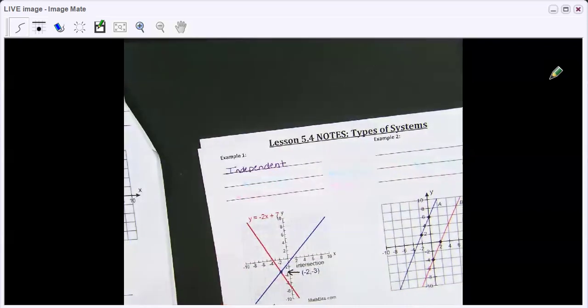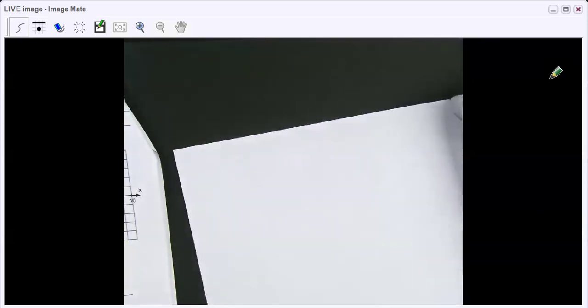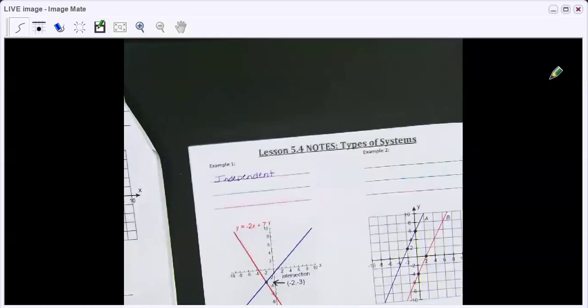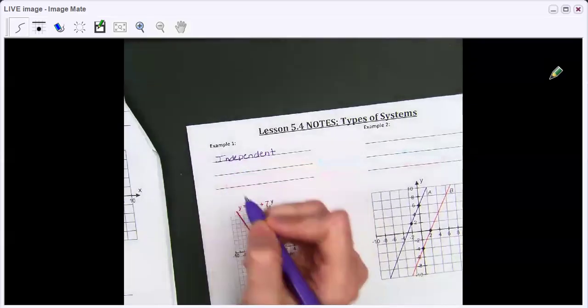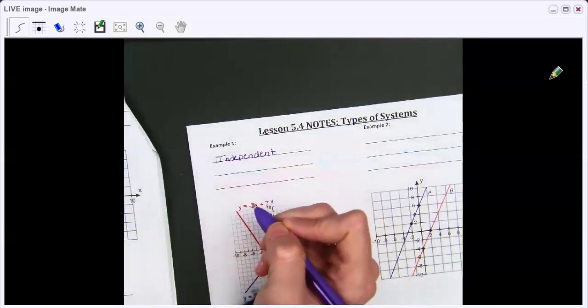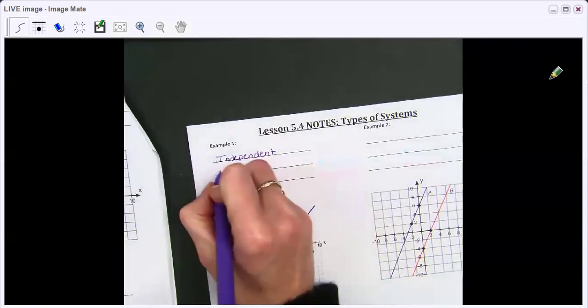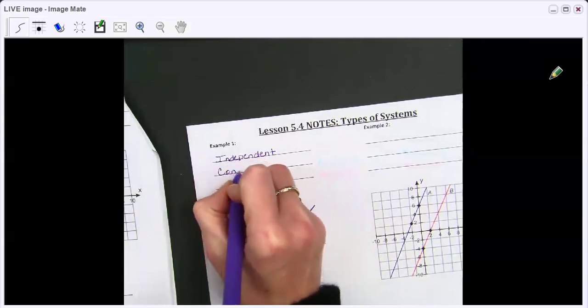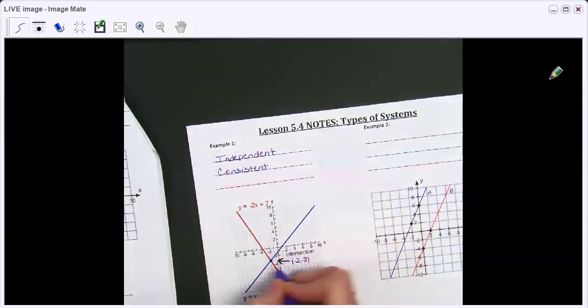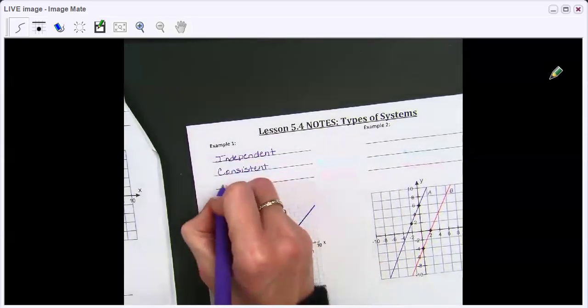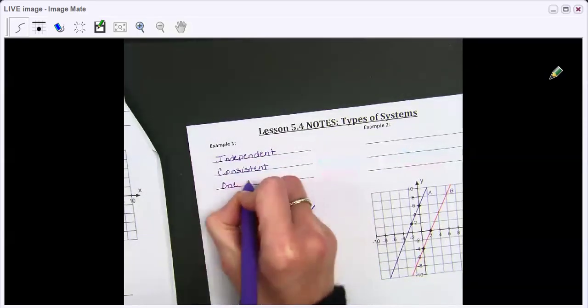The next one: is it consistent or inconsistent? Consistent means that the lines will intersect at some point, and inconsistent means they will not intersect. So they're intersecting, which means that they are consistent. And how many solutions do they have? This only has one solution because it intersects at one point.